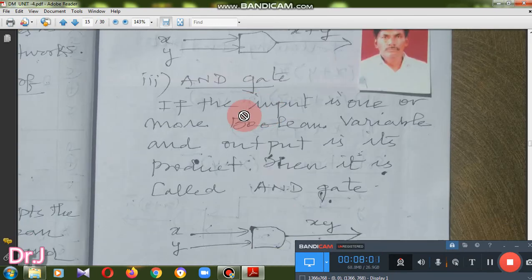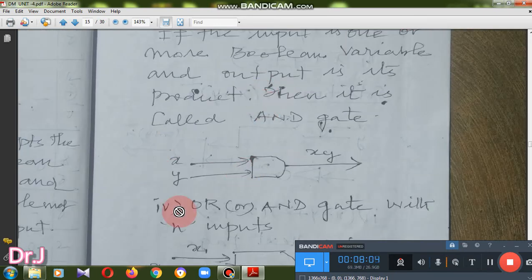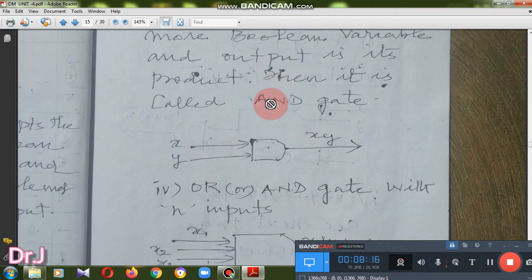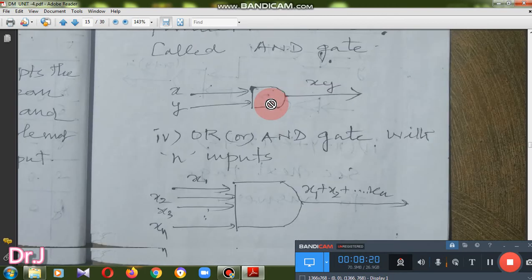Then the AND gate: all the incoming variables are converted into their product, or the AND of all these variables. That is called the AND operation, or AND gate.